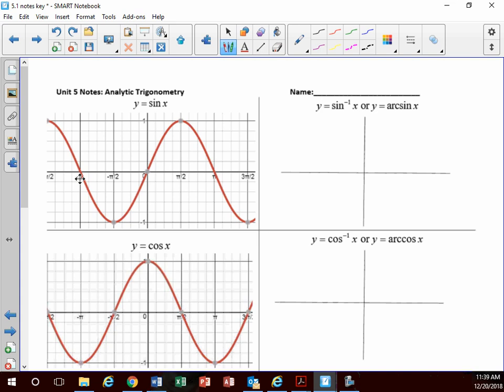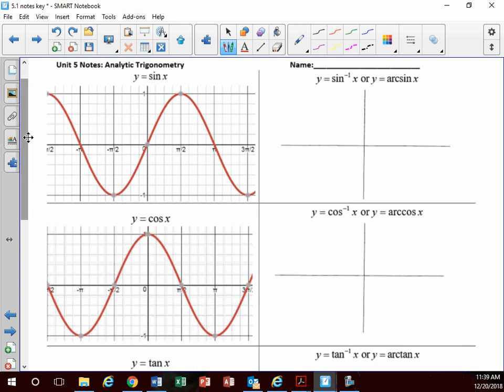So let's look at our first one here. When it says sine to the -1 of x, isn't that just cosecant? No, cosecant is 1 over sine, that's different. You don't ever see it written like that.